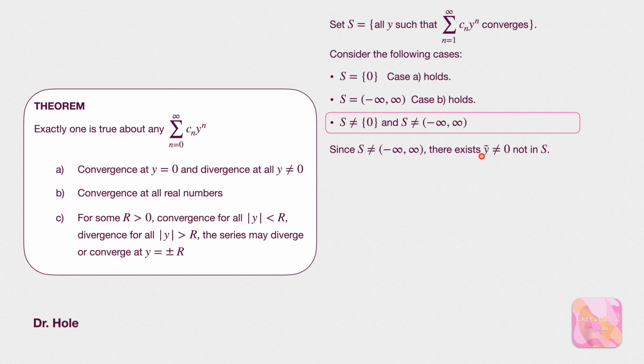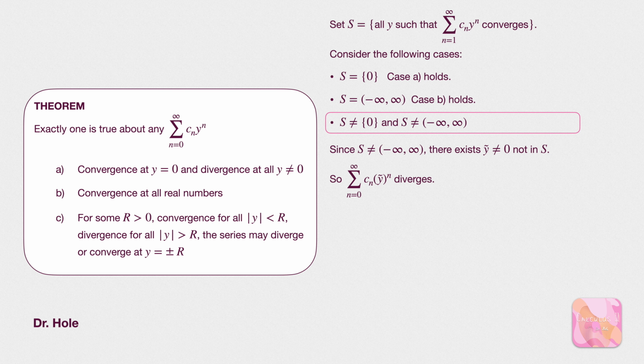We can find a non-zero value, which is not in S, since S is not the entire real line. Well, if y tilde is not in S, and S means that the series we defined converges, then y tilde is going to define a series which doesn't converge, or in other words, diverges.